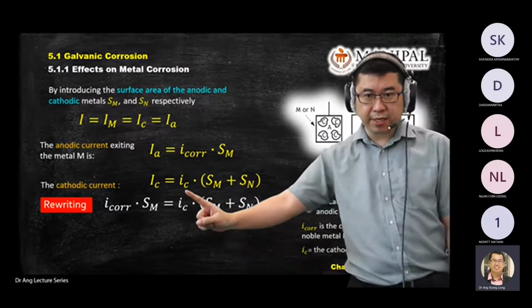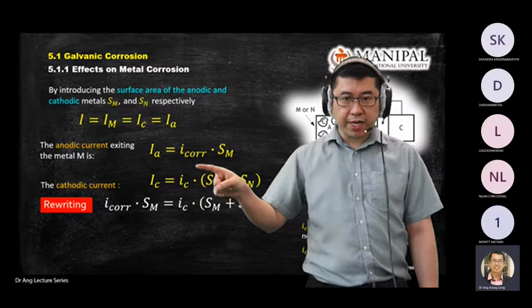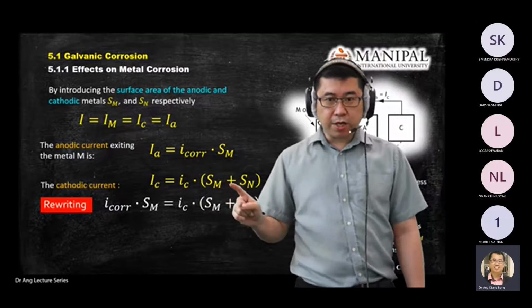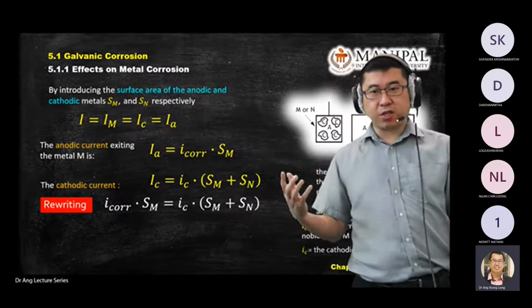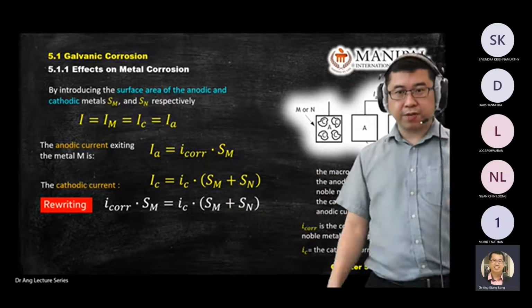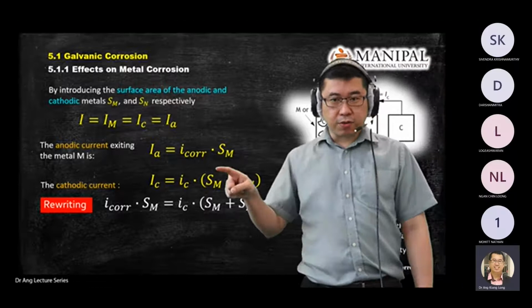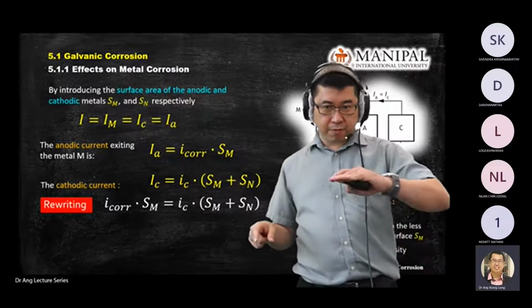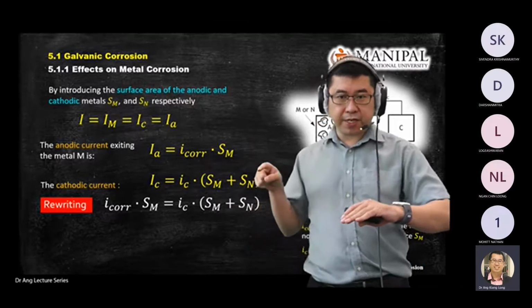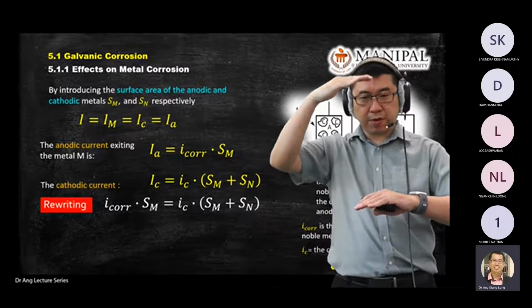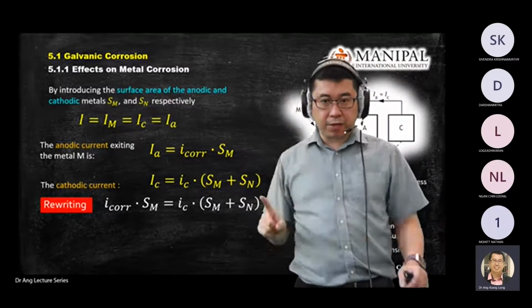This is the current density, not the corrosion rate, multiplied by the total area of the exposed metals, both metals: the surface of metal M, the less noble, plus the surface of the higher noble metal N. You get this equation.